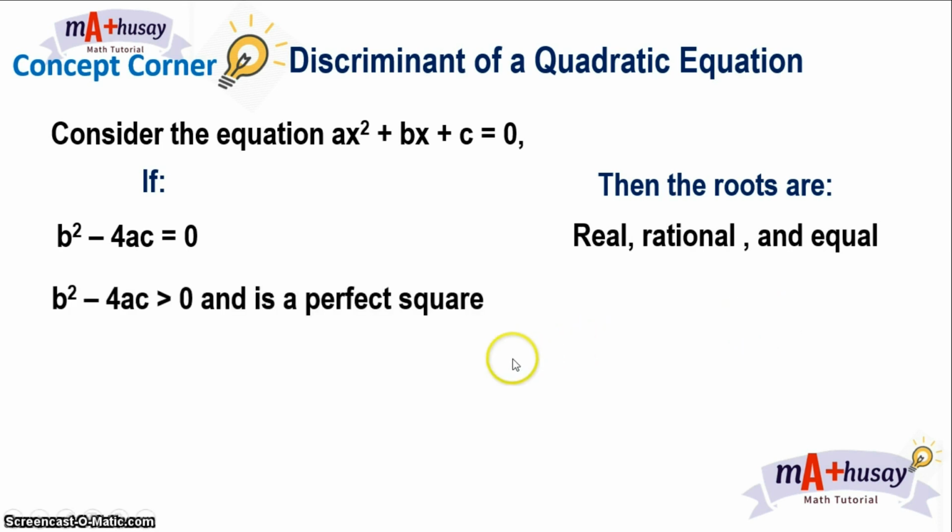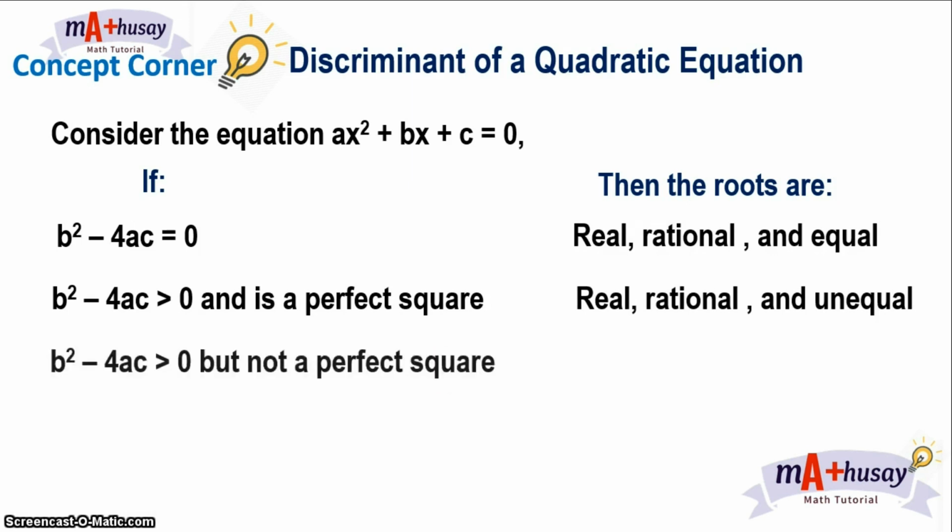If the discriminant b squared minus 4ac is greater than 0 and is a perfect square, the roots are real, rational, and unequal. If b squared minus 4ac is greater than 0 but this time not a perfect square, the roots can be described as real, irrational, and unequal.